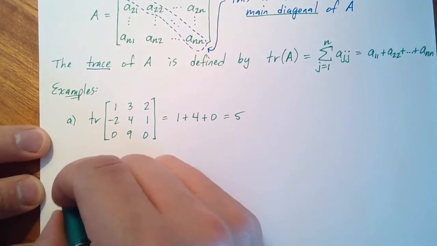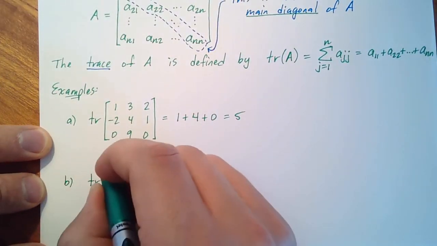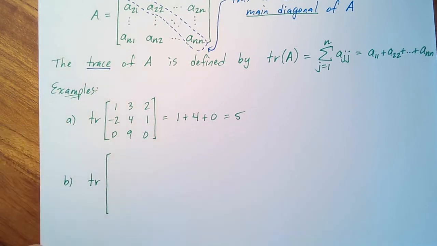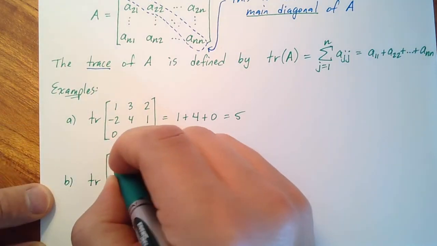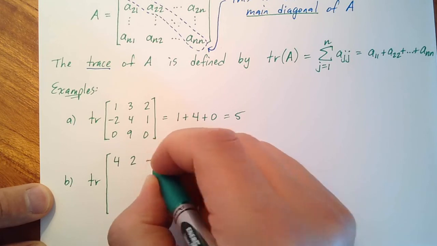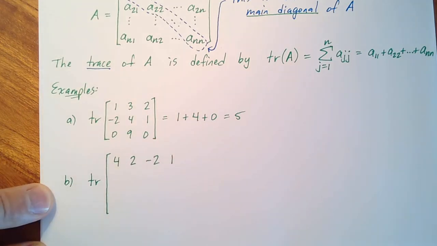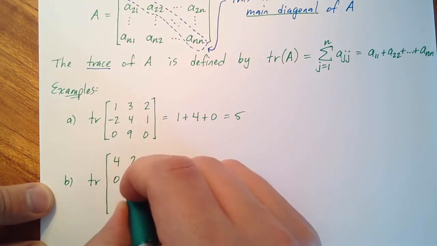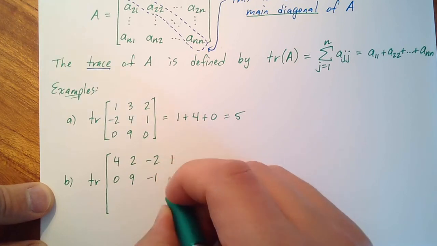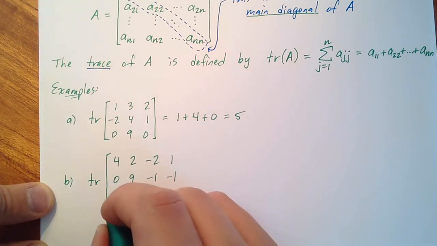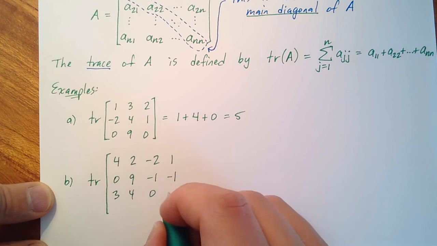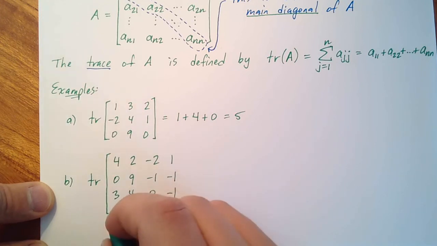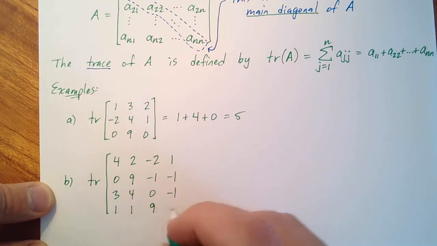What about another example? So this is an example of a 4 by 4 matrix. The first row is 4, 2, negative 2, 1, and then 0, 9, negative 1, negative 1, then 3, 4, 0, negative 1, and then 1, 1, 9, and 1.